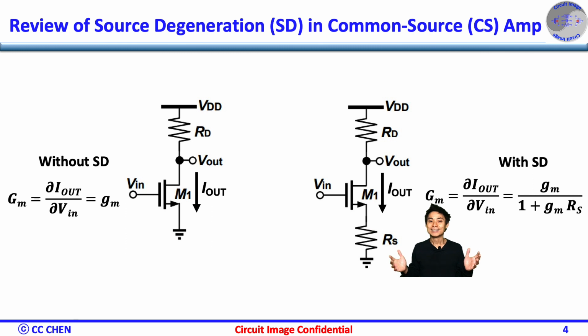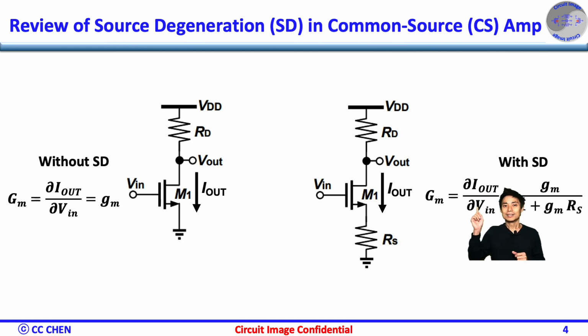On the other hand, in the common source amplifier with a source-degenerated resistor, the source of the transistor M1 is connected to RS, so the output DC current IR will be reduced by a factor of 1 plus Gm times RS for the same input voltage Vin as the amplifier without the source-degenerated resistor.